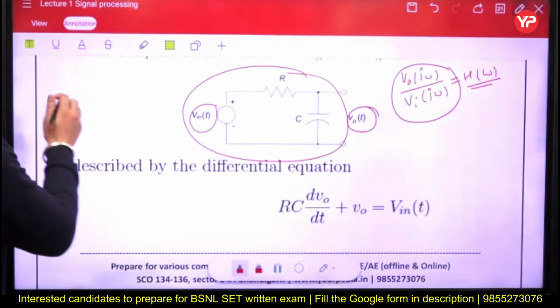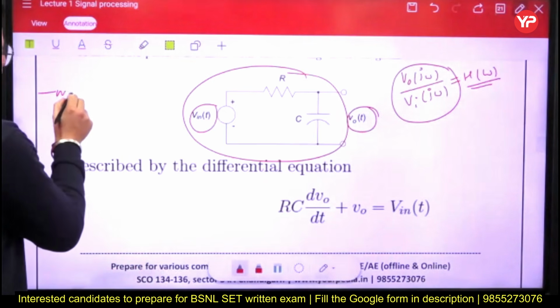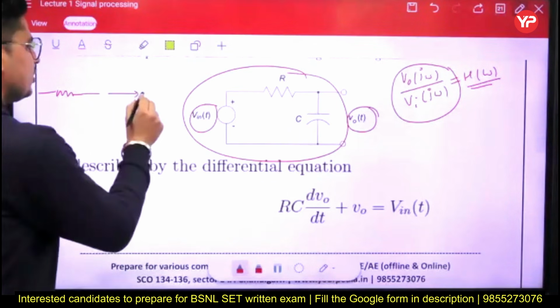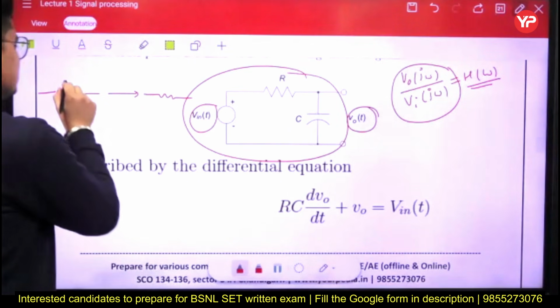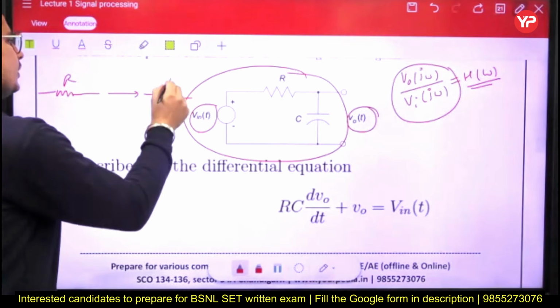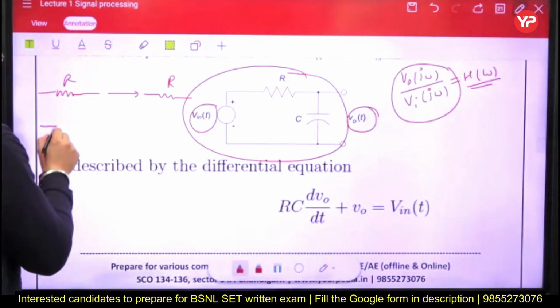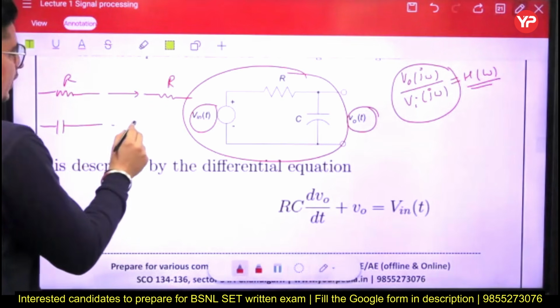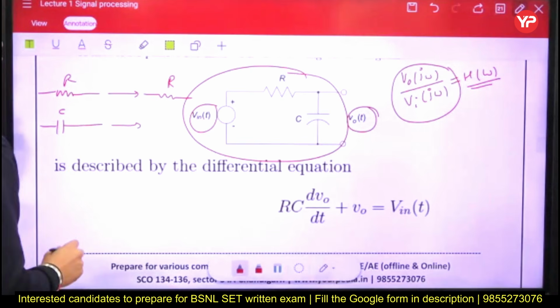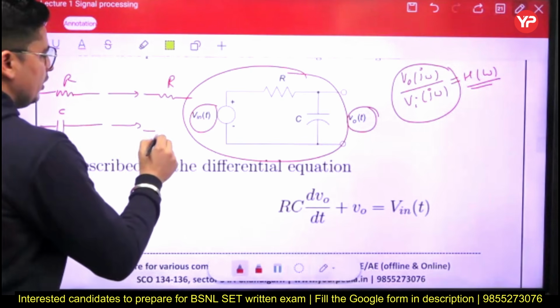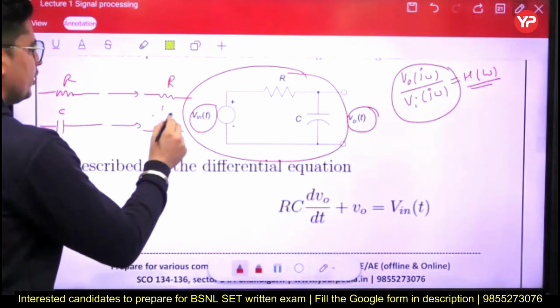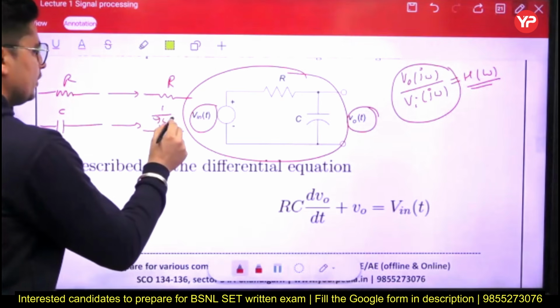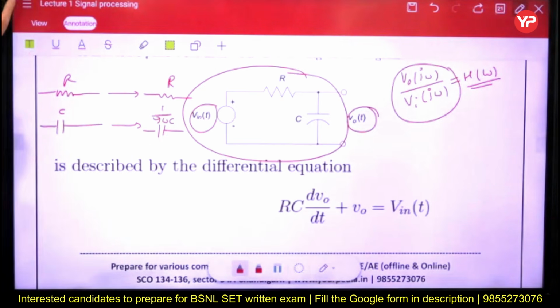If you have a resistance, resistance remains resistance, this is R, this is also R. If you have a capacitor, converting that capacitor C into the frequency domain, it becomes 1 upon j omega C. Omega is the input frequency.